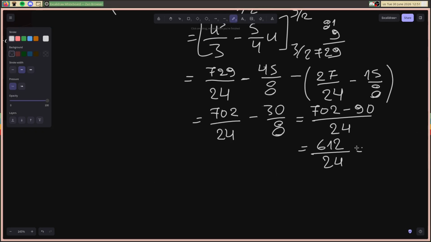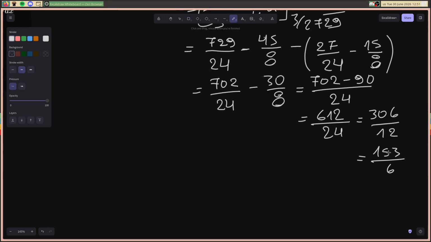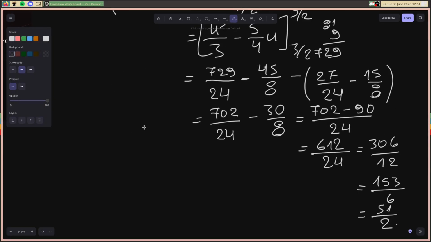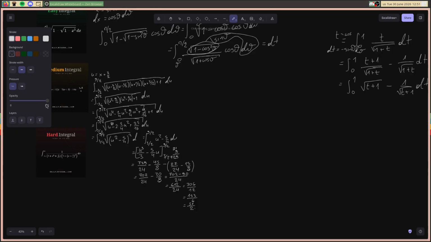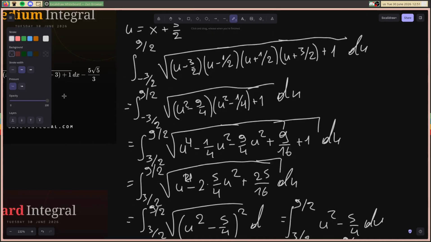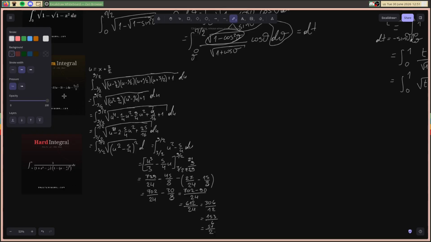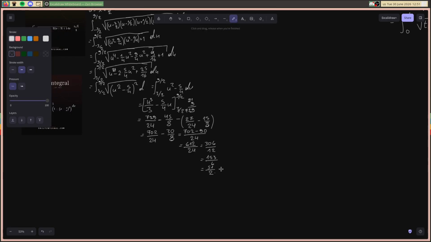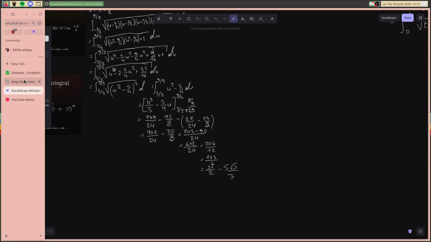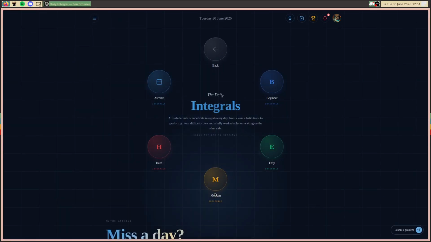And let's try to remove some common factors. 306 over 12, which is 153 over 6. This can be divided by 6. It's 51 over 2. And then there's a term of 5 square root 5 over 3. So the result should be this minus 5 square root 5 over 3. So 51 over 2 minus 5 square root 5 over 3.